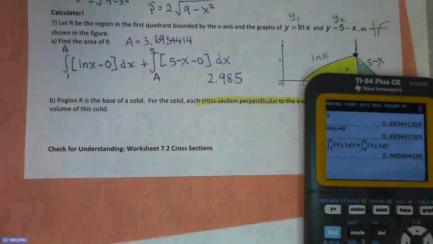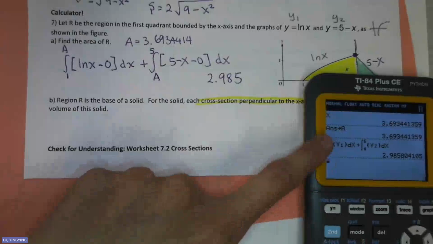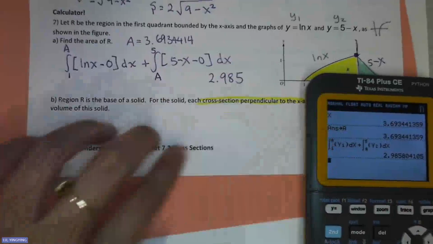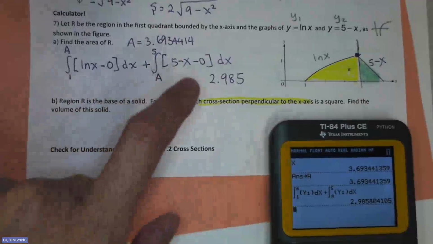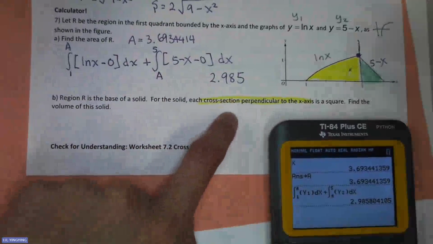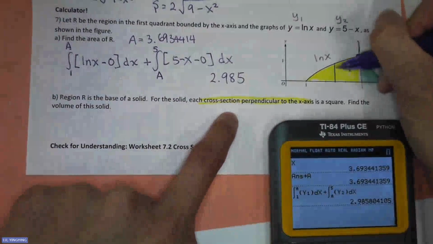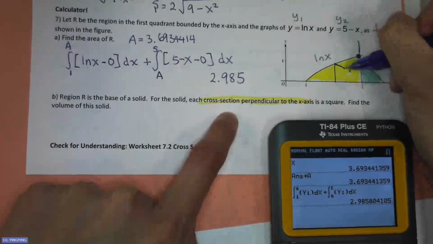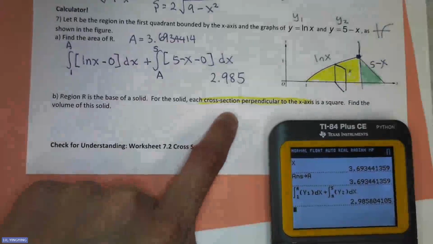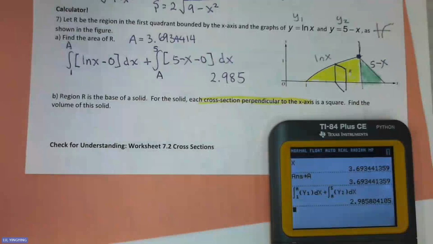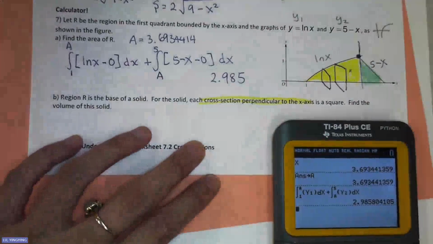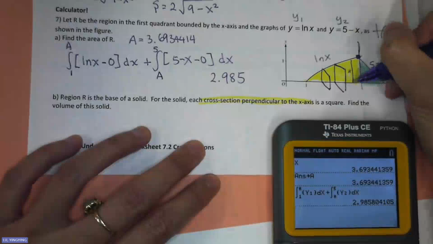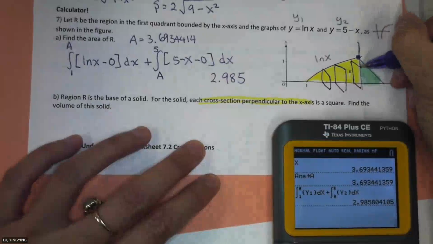Usually part A and part B are so related to each other. This is why you want to store, because you don't want to type this number over again. It's too much work. Region R, part B, is the base of a solid. For that solid, each cross section is a square. Oh gosh, how do I draw a square here? I can draw this in 3D.